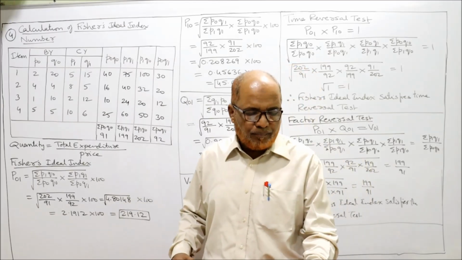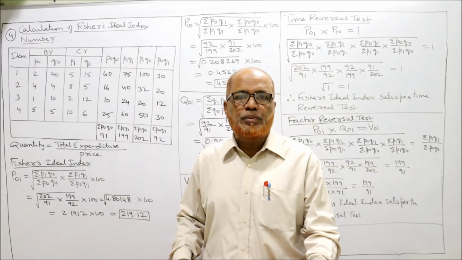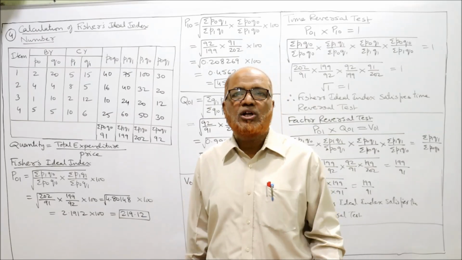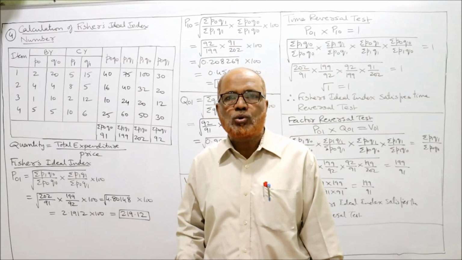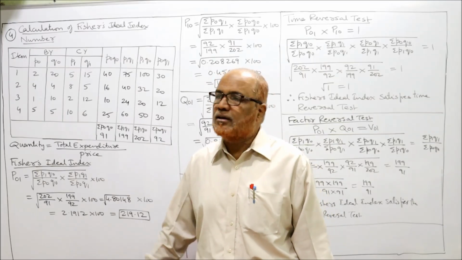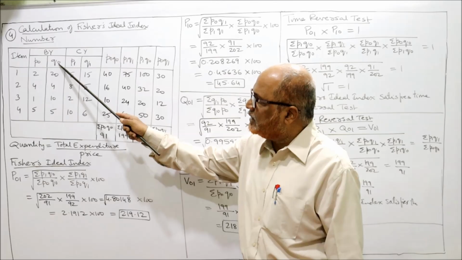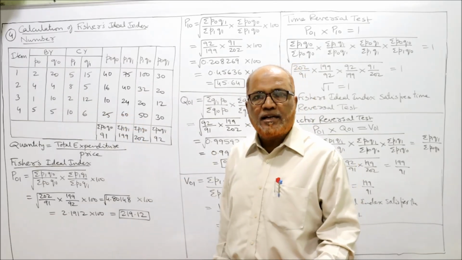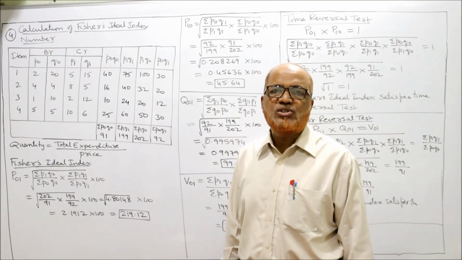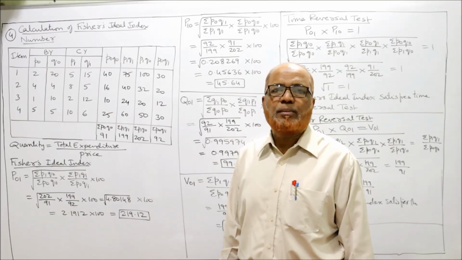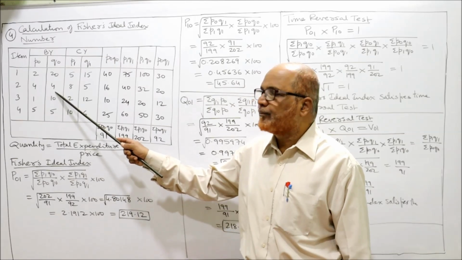See the first item. The price is 2 rupees and the expenditure is 40 rupees. So 40 divided by 2, 20 is the quantity. Second item, the expenditure is 16 and the price is 4. So 16 divided by 4, you will get 4.